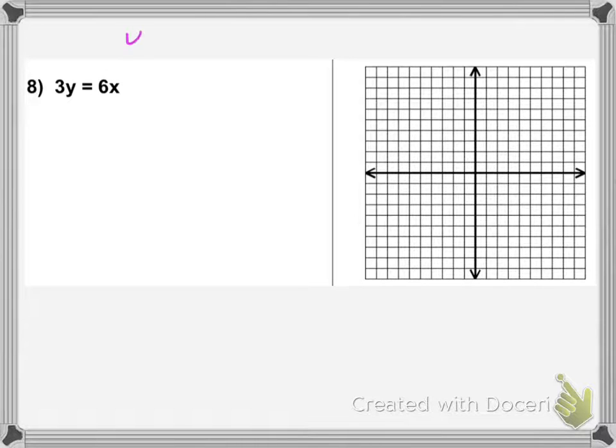Again, we want to make it look like y equals mx plus b first. The only thing I have on that left side besides my y is just my 3, so my x term is on the right already. That's good. I don't have to do that step 1.